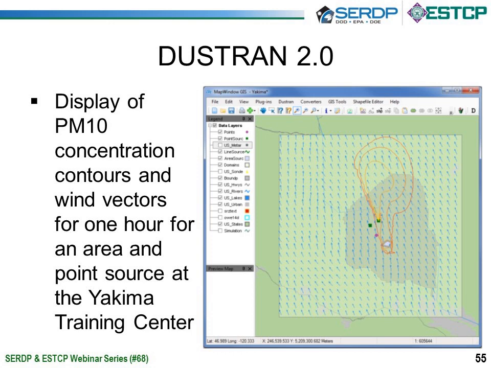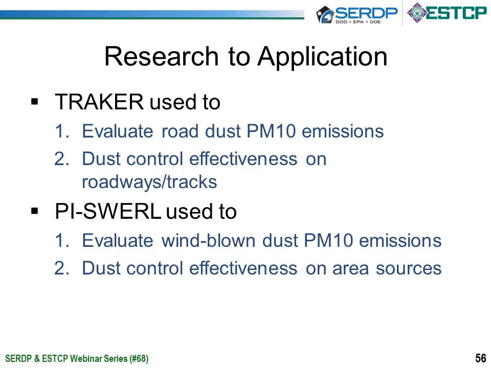Slide number 56. So this is where we have taken the research and moved it into an application mode from the results from this project. The Tracker system has been used to evaluate the road dust PM10 emissions at a number of installations.